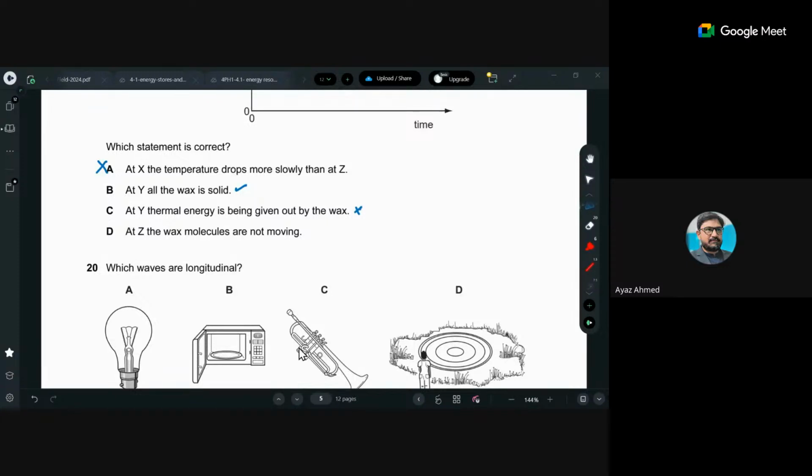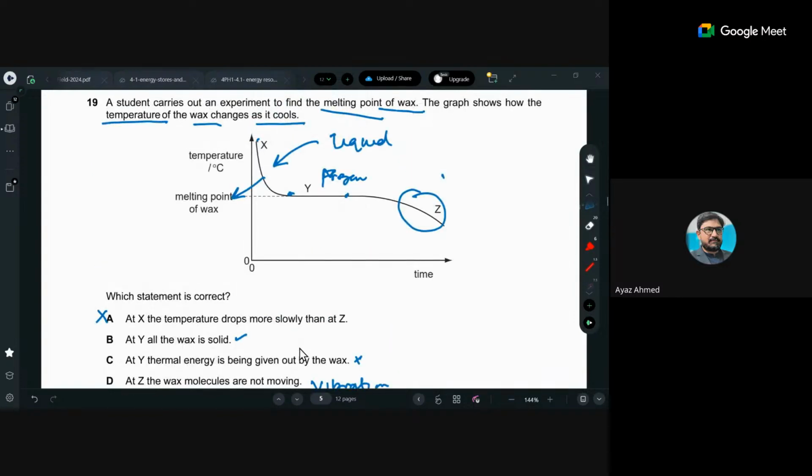So the temperature will not change, because the energy is given out by the wax as it is being converted into solid. At Z, the wax molecules are not moving? No, they are vibrating. So at Y, the wax is solid. Let me check this one out. It is a melting point. So yes, it is solid.